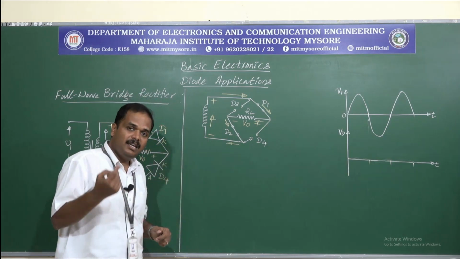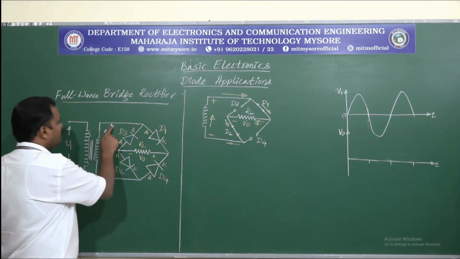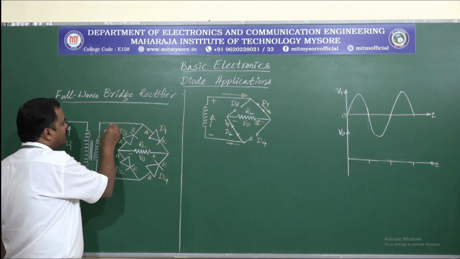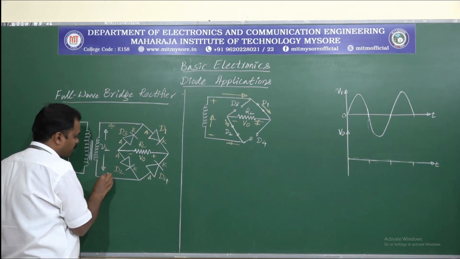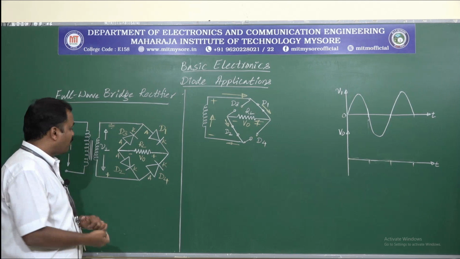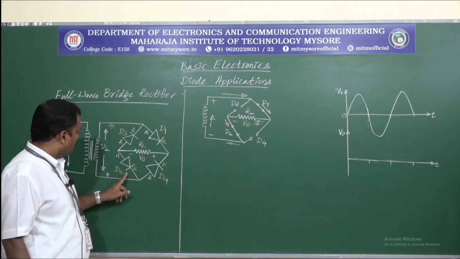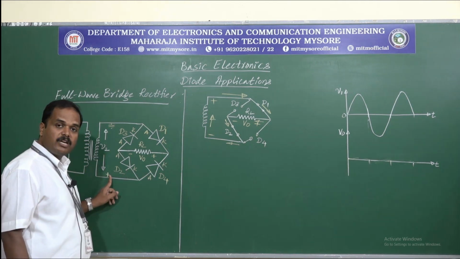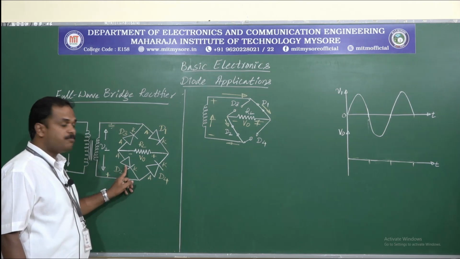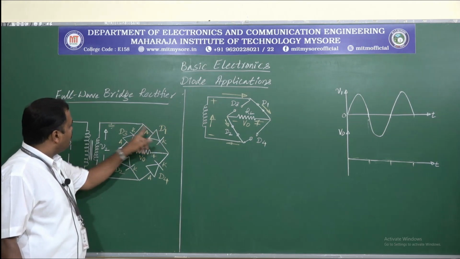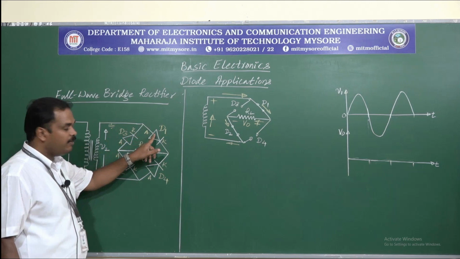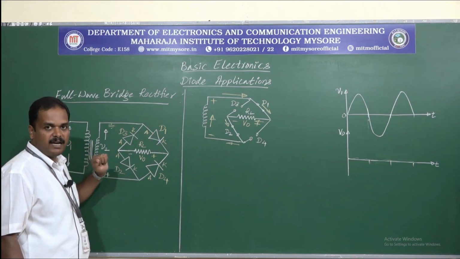Now considering the negative half cycle, this becomes minus and this becomes plus. So what happens? The cathode of D2 gets positive potential, so D2 gets reverse biased. The anode of D1 gets negative potential, so D1 is also reverse biased.